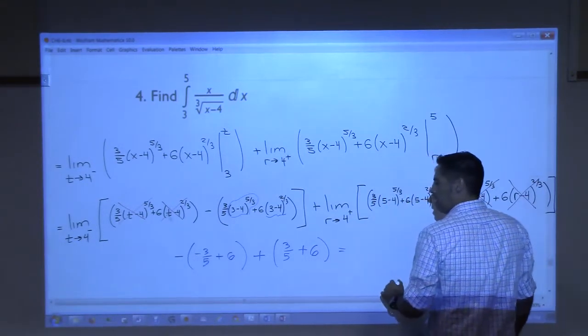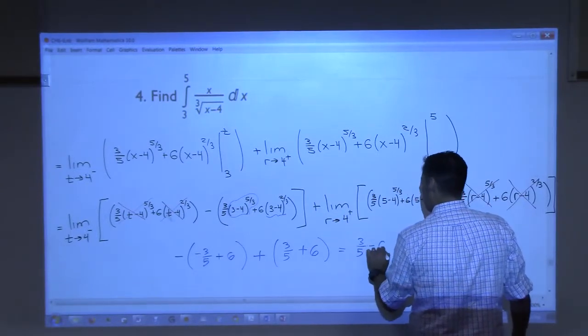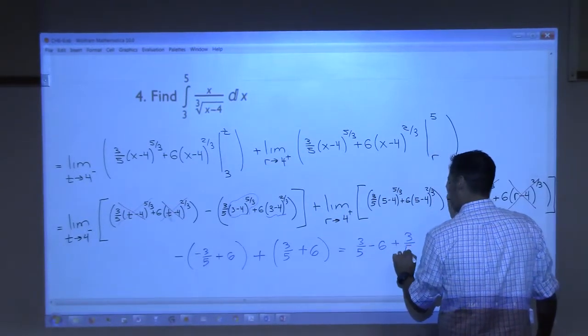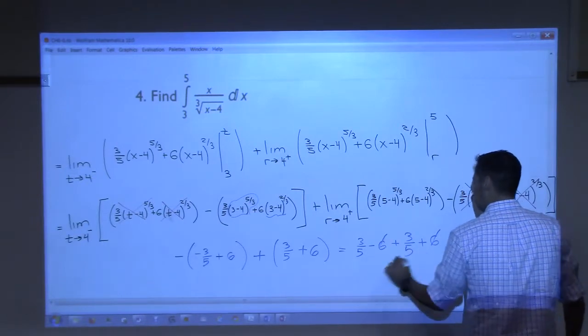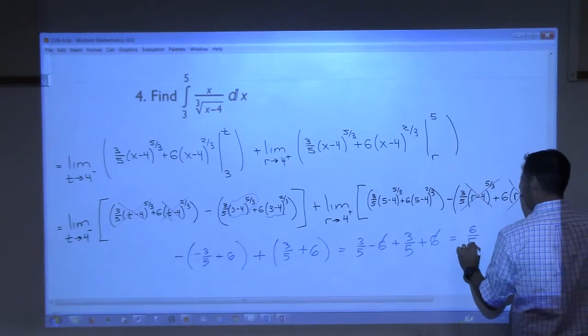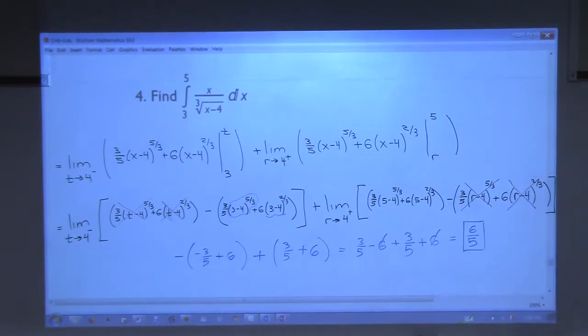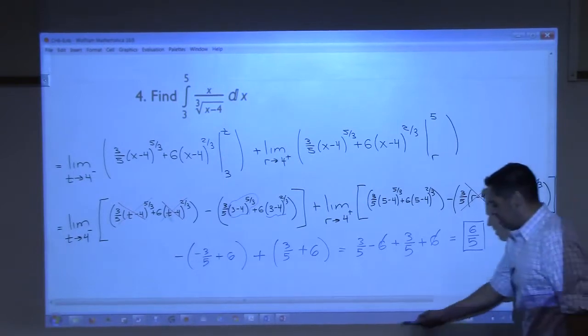And we can start putting that together. Distribute the negative through over there. You get 3/5 minus 6 plus 3/5 plus 6. The 6's cancel. 3/5 and 3/5, 6/5. The area under that curve between 3 and 5 converges to 6/5.